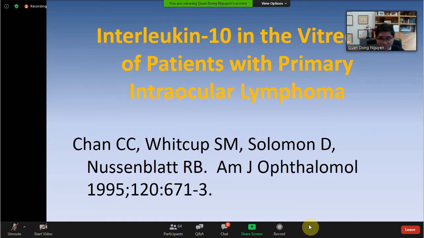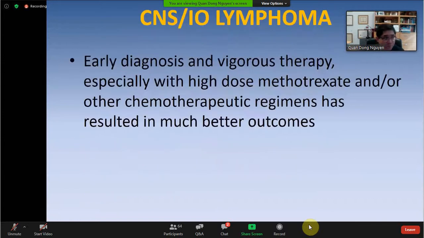As we have seen, interleukin 10 in the vitreous of patients with primary intraocular lymphoma is elevated a lot, and therefore the ratio between 10 and 6 is also elevated. So that's helped a lot. And this is one of the things that we need to know because that's what we test for.